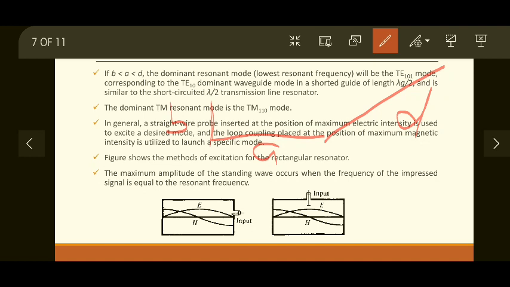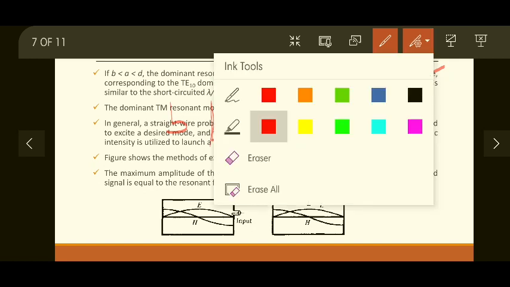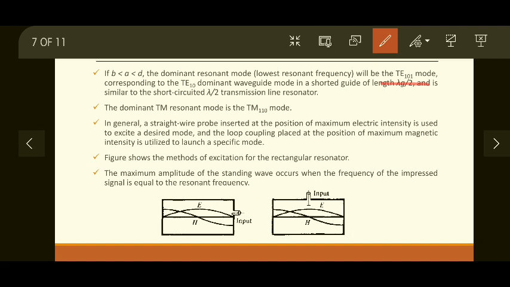The dominant mode in such a rectangular waveguide is TE10, and that's why the dominant mode in the rectangular cavity will be TE101. Here it is mentioned TE101 corresponding to the TE10 dominant waveguide mode, with a guide wavelength of lambda g by 2.